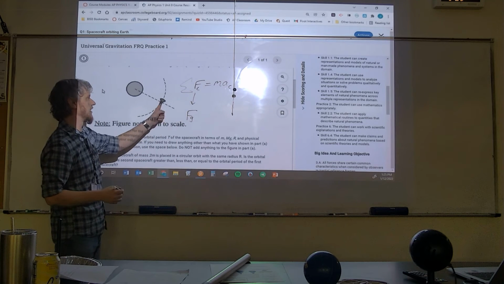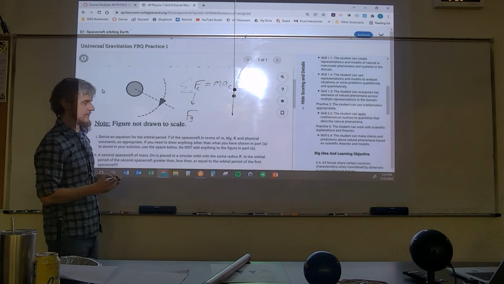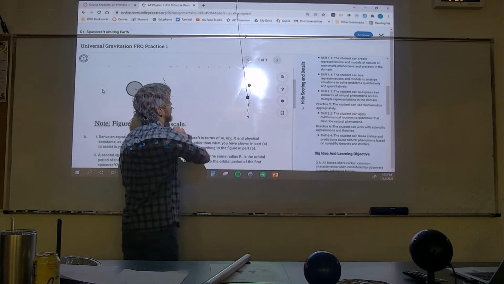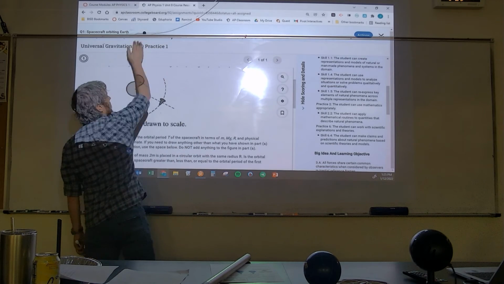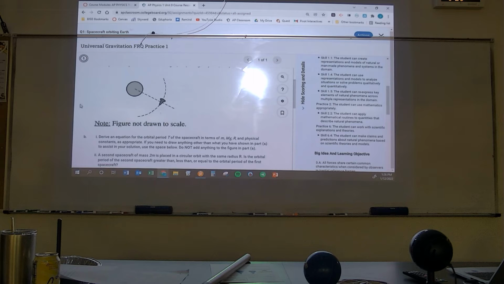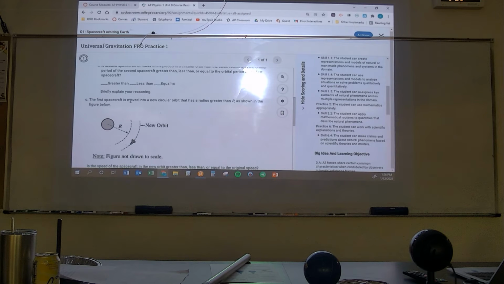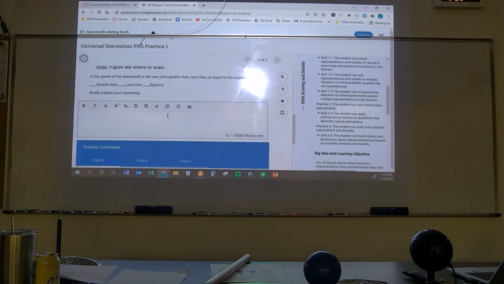And again, I get that from my free body diagram. That's 2 points. I think there's only about 7 points total for this one. A significant portion of the points for this entire FRQ came from drawing that arrow and labeling it correctly.